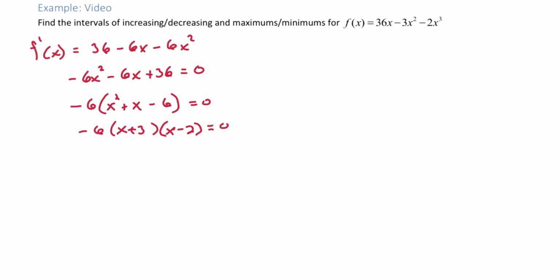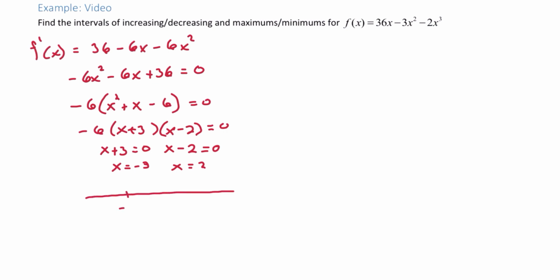Set each factor equal to 0 and solve. And it looks like we're getting 2 and -3 as our critical values.